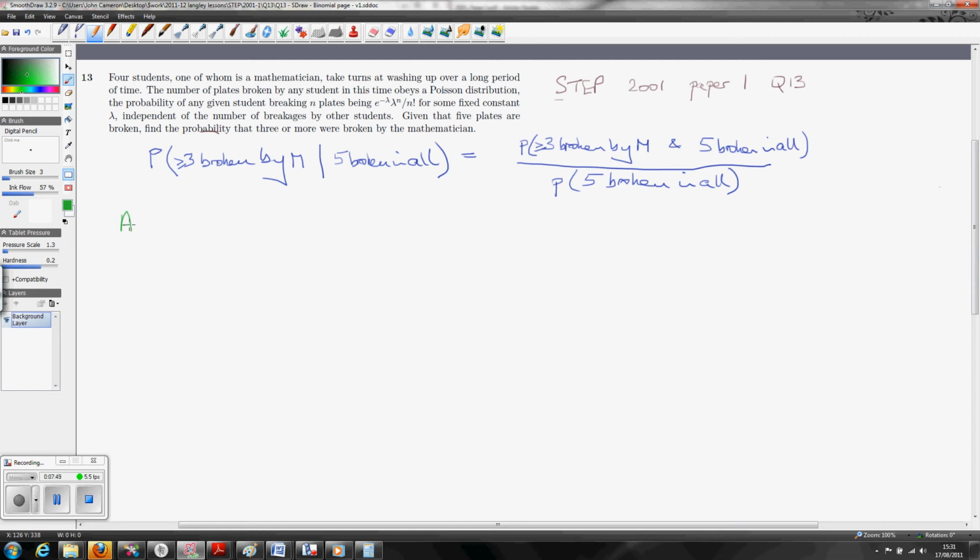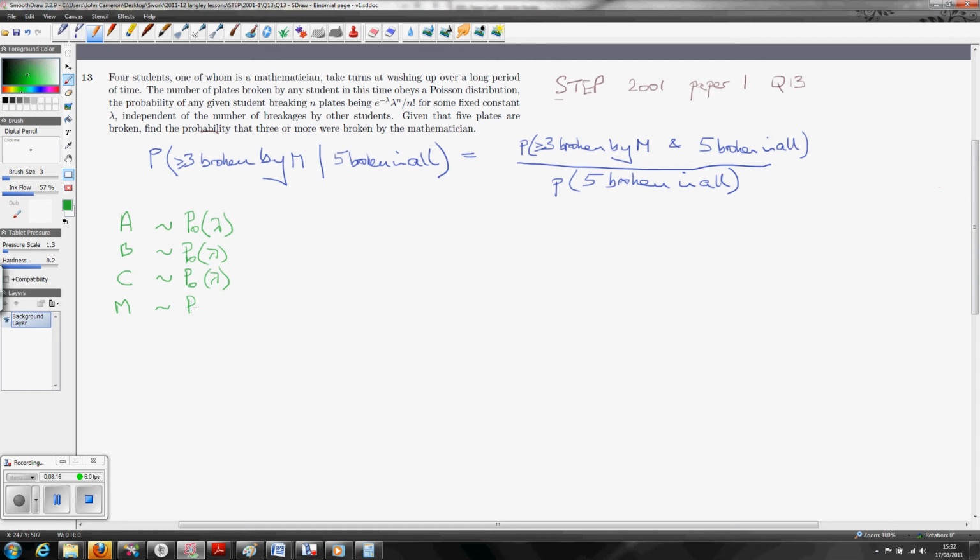So if we've got A, B, C, and M, who are the 4 people in the flat, A, B, C are the 3 others, M is the mathematician, they've all got a Poisson distribution where lambda is the parameter. What I want to know is if all 4 of them are together, what's the sum of these?